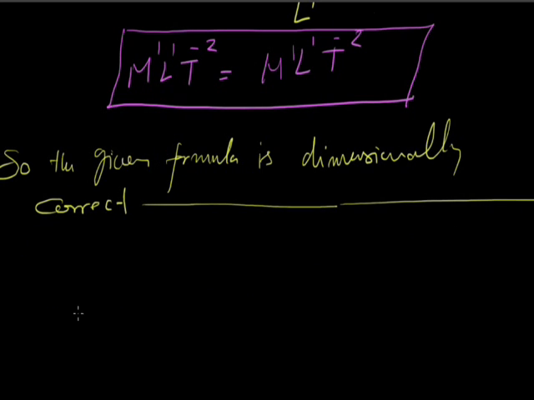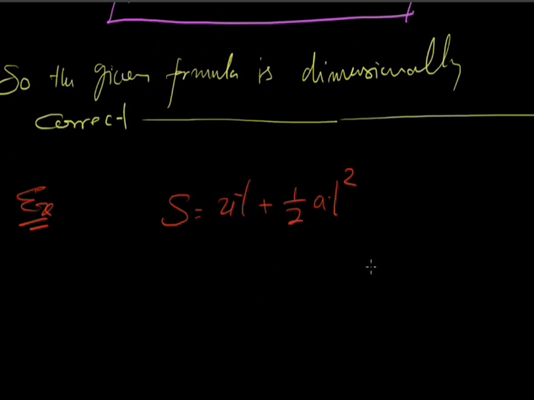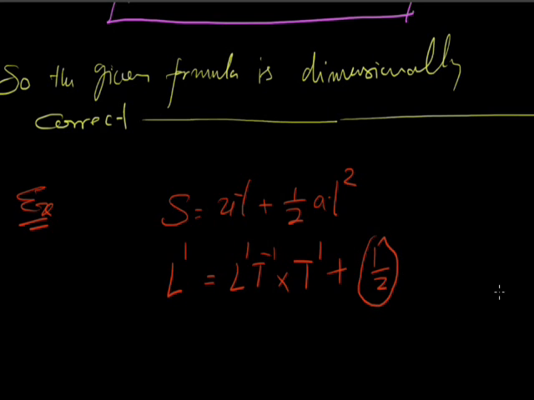Next example may be S is equal to ut plus half at square. Here S is distance, its dimension is L1, u is L1 T minus 1 into T1, plus, the dimension of half is not applicable because it is a constant quantity.